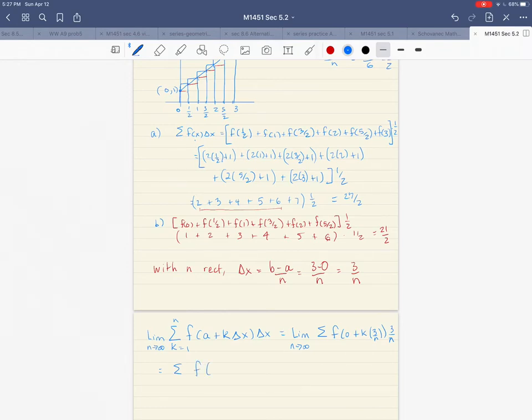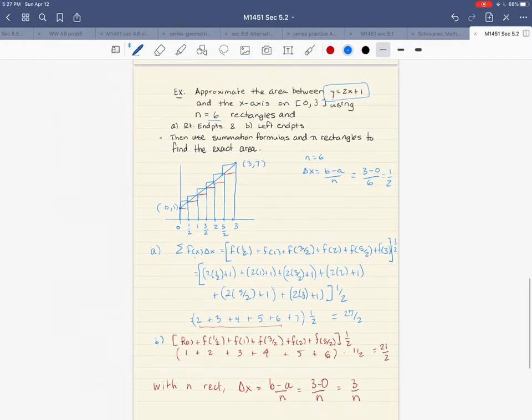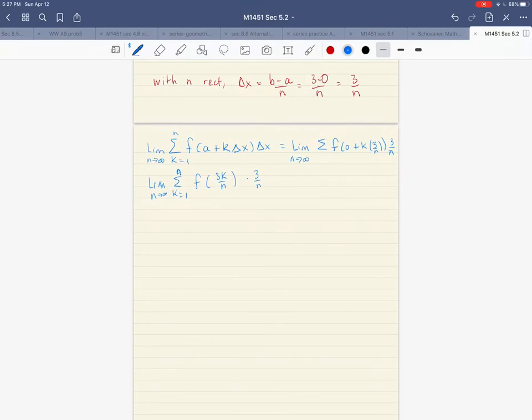So we want the sum of f of 3k over n times 3 over n, with the limit in front. f in this example was 2 times x plus 1, so 2 times 3k over n plus 1 is our f of 3k over n times 3 over n, with the summation symbol with the limit. Now we simplify.